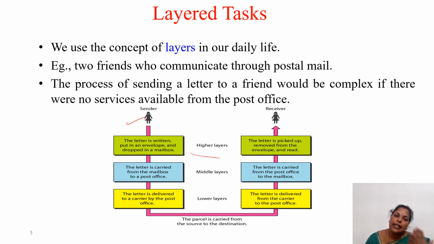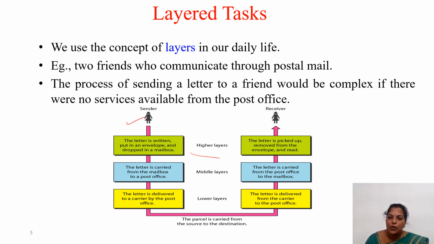Then next, what the sender is doing is just putting the letter in the mailbox. But from the mailbox the letter has to be carried to the post office, and the letter is delivered to a carrier by the post office. So this is the lower layer. After the letter is received in the post office, the parcel is carried from source to the destination.